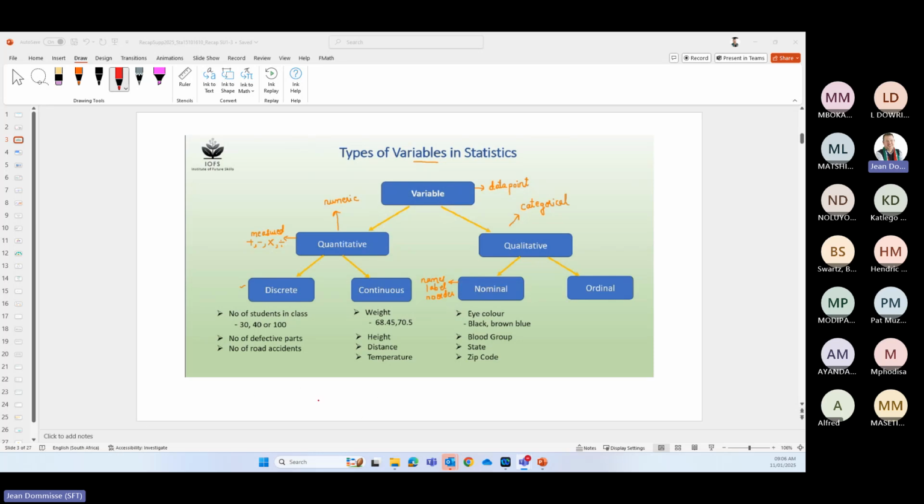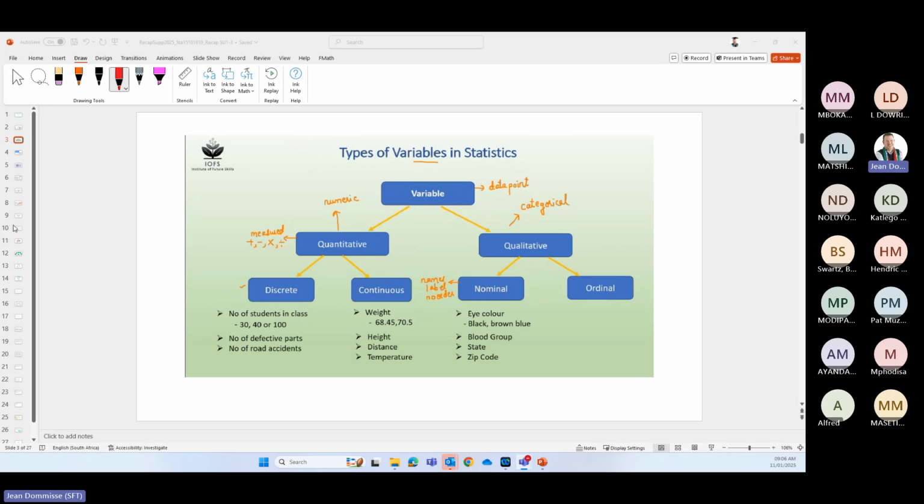Then we go into qualitative. Qualitative is about the quality, it's categorical data. And with qualitative, you normally have levels of, so nominal and ordinal. With nominal, you don't get any ordering in it.